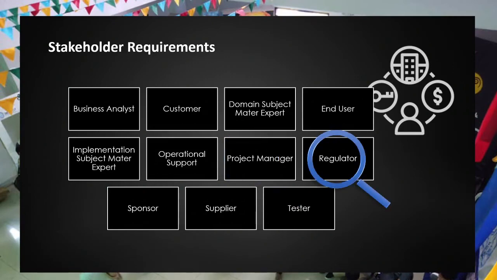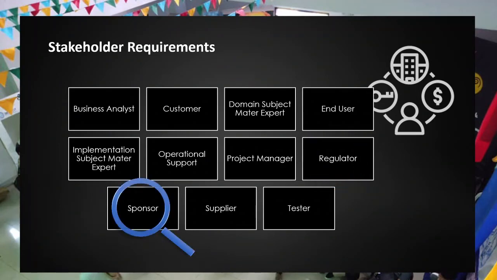Stakeholders can also be regulators. Regulators are responsible for definition and enforcement of standards. Standards can be imposed on the solution by regulators through legislation, corporate governance standards, audit standards, and standards defined by organizational centers of competency. Alternative roles are government, regulatory bodies, and auditors.